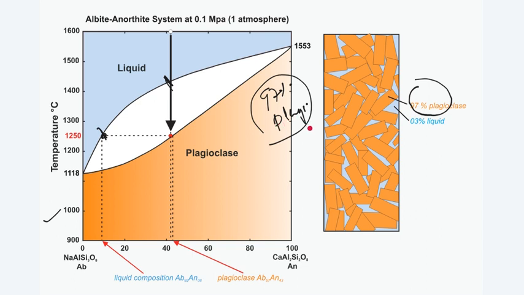It will be removed from the melt. Now we have that 3% of liquid, which has a composition you can say albite 92, anorthite 8.